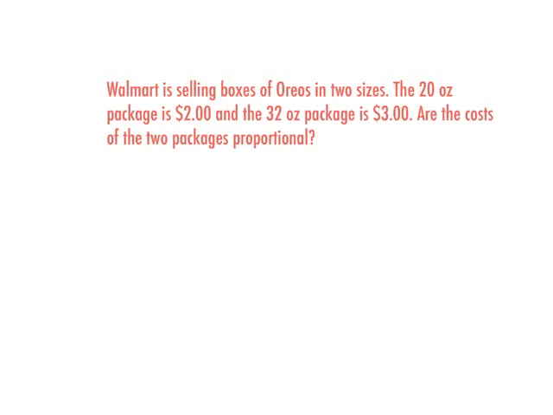All right, now we're at Walmart, and they're selling boxes of Oreos in 2 sizes. The 20-ounce package is $2, and the 32-ounce package is $3. Are the costs of these 2 packages proportional? So we have the size of the Oreo box, and then we have the cost of the Oreo box. So for 20 ounces, it's $2.